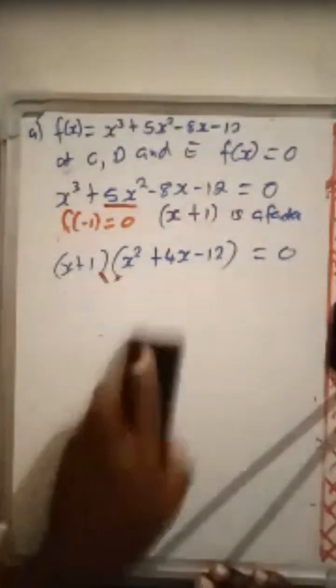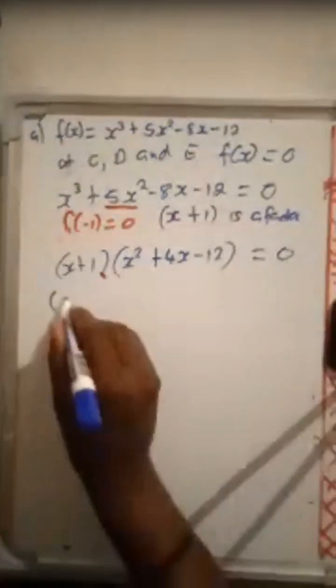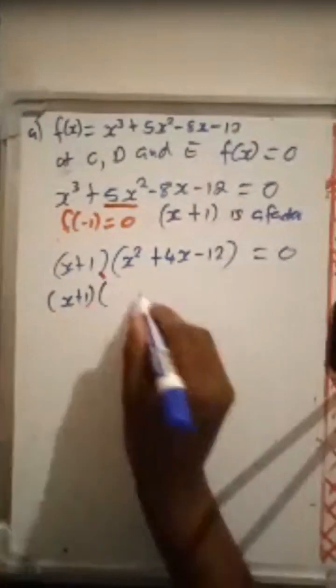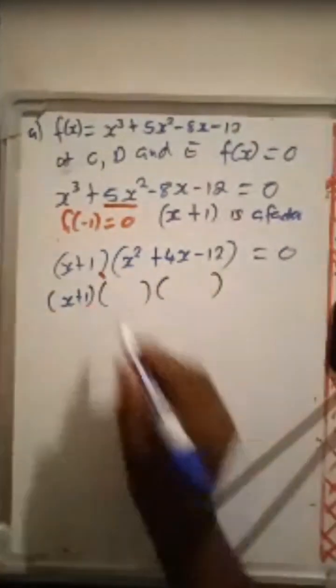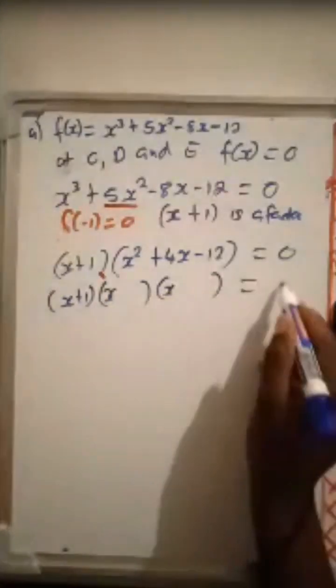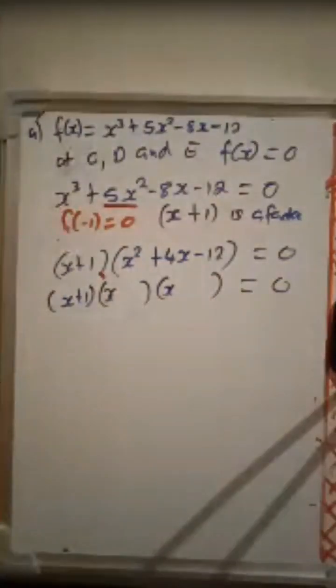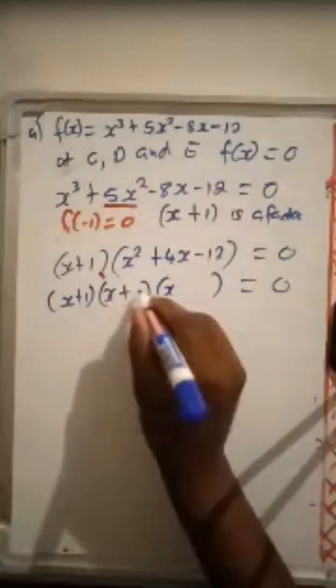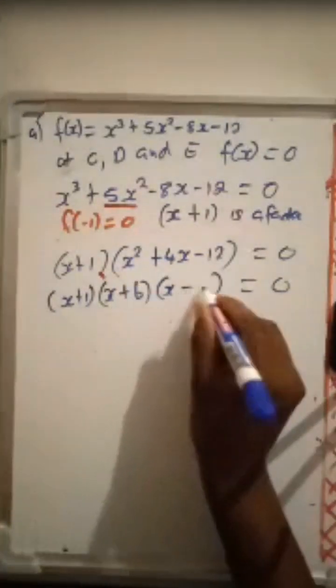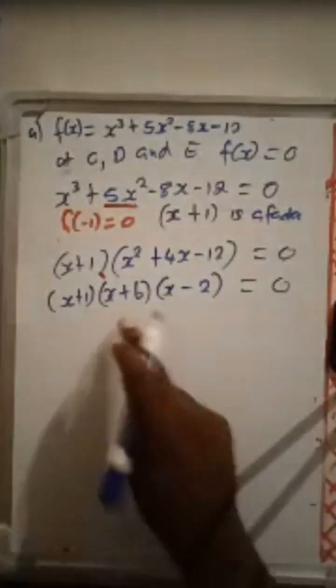The second part, we have to factorize this one. x plus 1, then that one we can factorize. Two numbers that we need to multiply to get negative 12 and add to get 4: positive 6 and negative 2. 6 times negative 2 is negative 12.